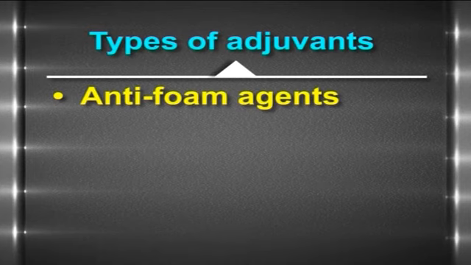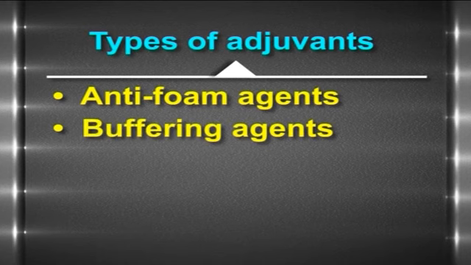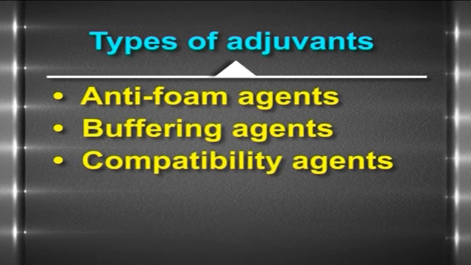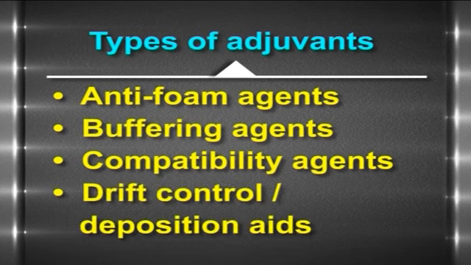These types of adjuvants include anti-foam agents, buffering agents, compatibility agents and drift control or deposition aids. Adjuvants are included in pesticide formulations as part of the total product which is sold by the manufacturer, or as an additive to be mixed with pesticide products in the spray tank.